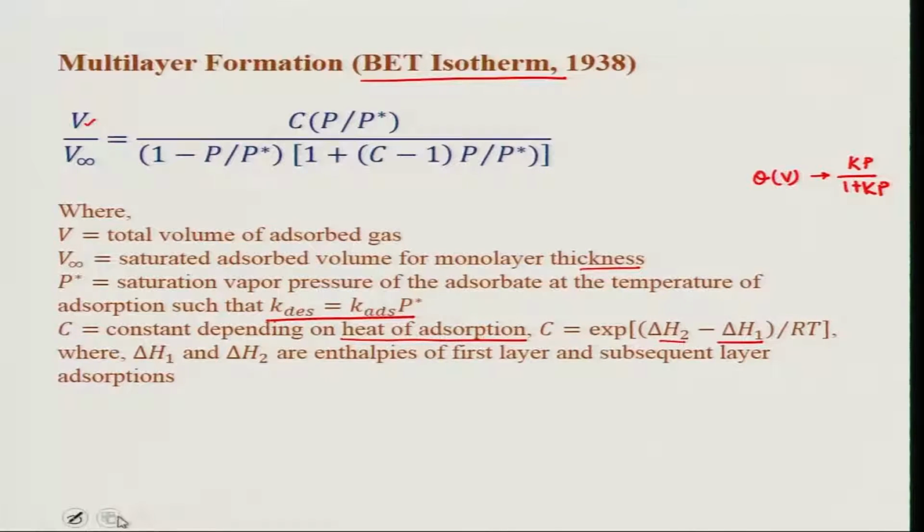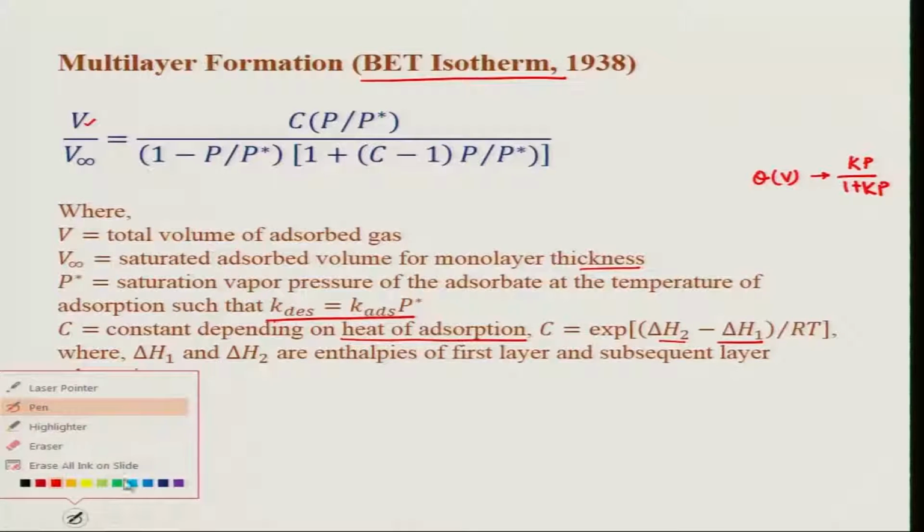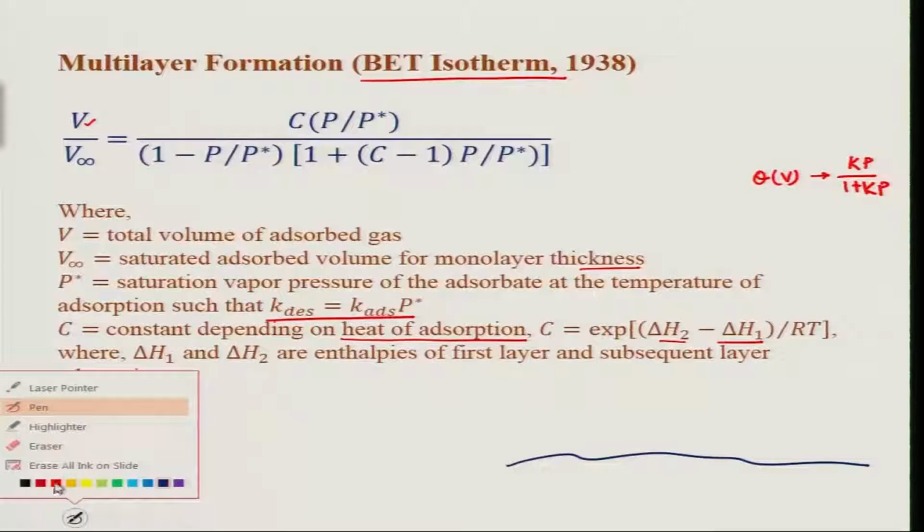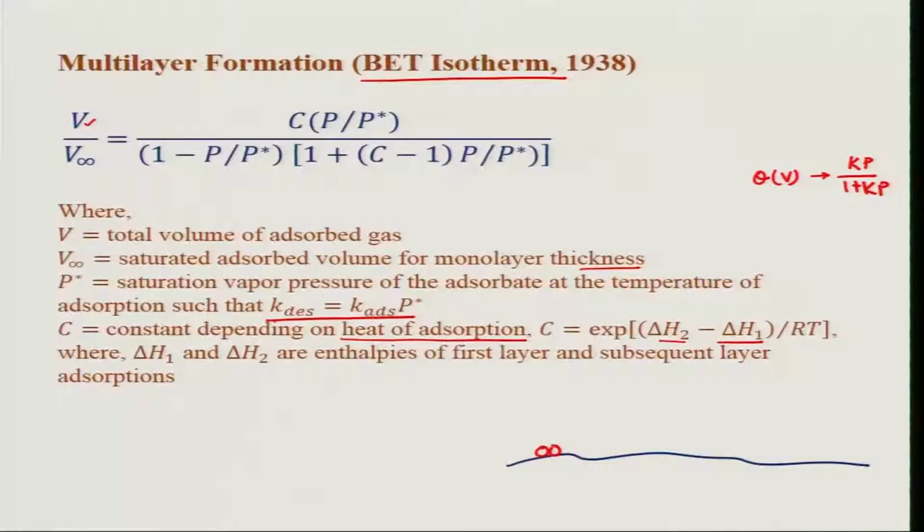To give you a more pictorial view, if this is my surface, which I have drawn slightly rough rather than straight, and my atoms are being adsorbed, this is my monolayer coverage, and this is H1, the enthalpy of first layer formation.